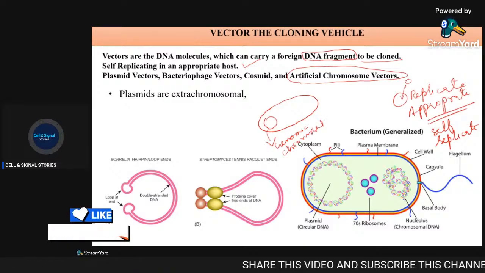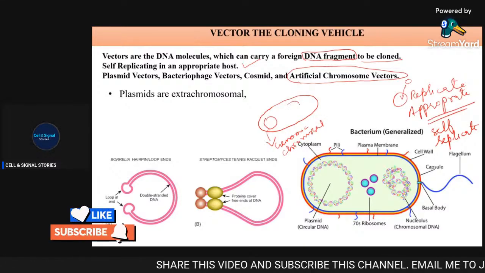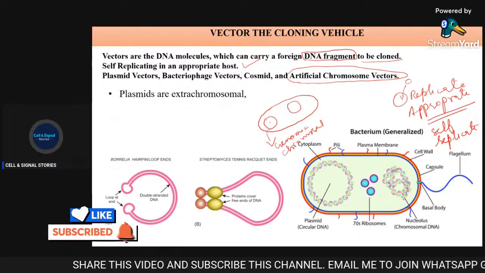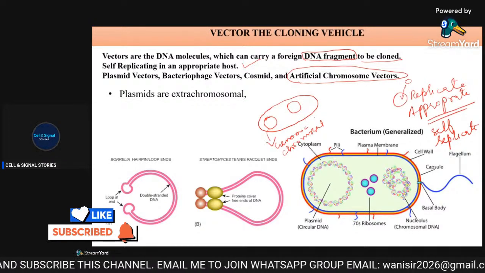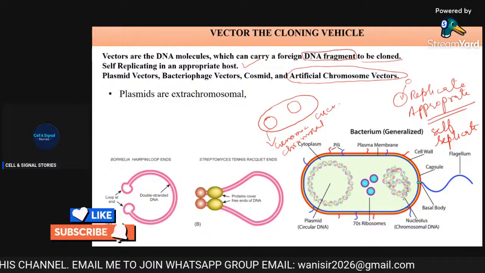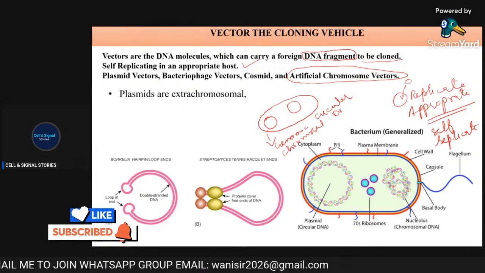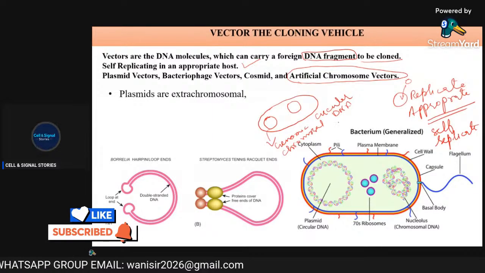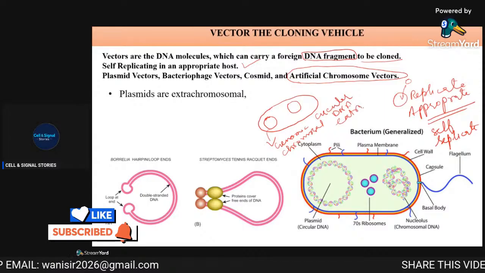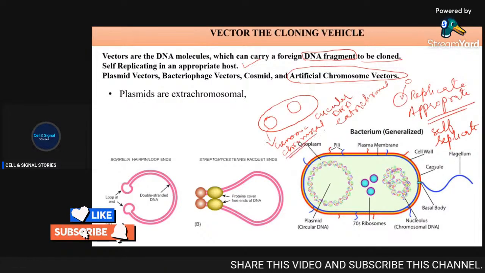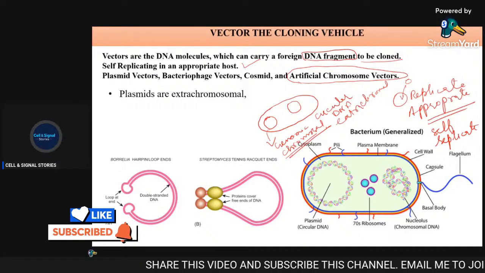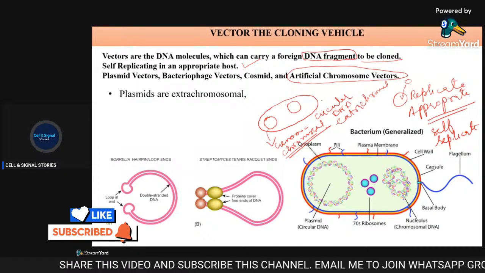Along with this chromosomal DNA, apart from it, there is another type of DNA, a circular DNA, and that circular DNA is extra chromosomal DNA. So in the bacteria we have chromosomal DNA, and extra to this is a circular DNA, that is called a plasmid.